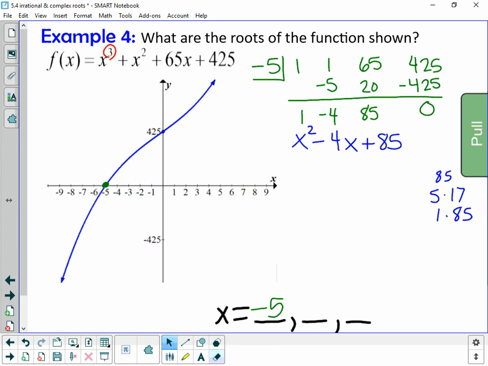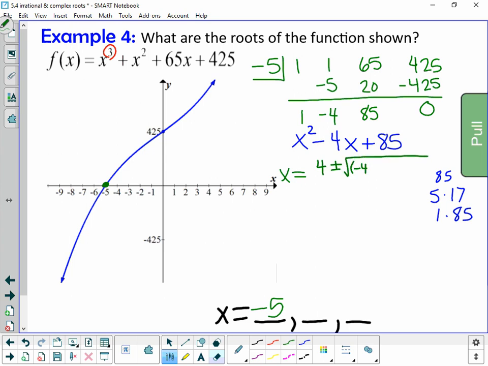Now, another clue that we wouldn't be able to factor it is by looking at the x-axis and seeing that there's only one real root on that graph. So not factorable. If it's not factorable, we have to use the quadratic formula. X equals -b. Well, -4 is +4, plus or minus the square root of b squared.